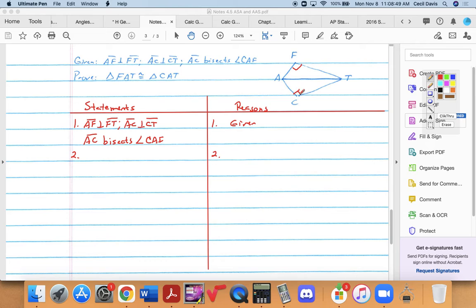One step at a time. So angle F and angle C are right angles. How do we know that? Definition of perpendicular lines.